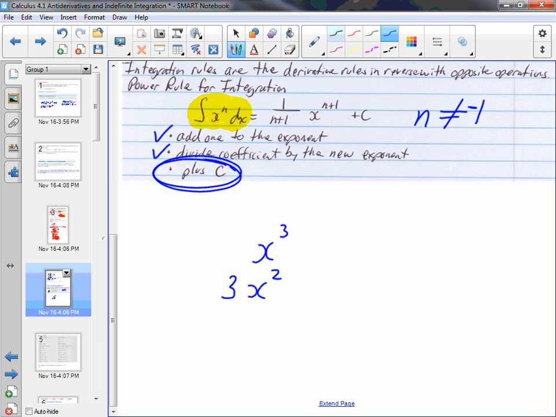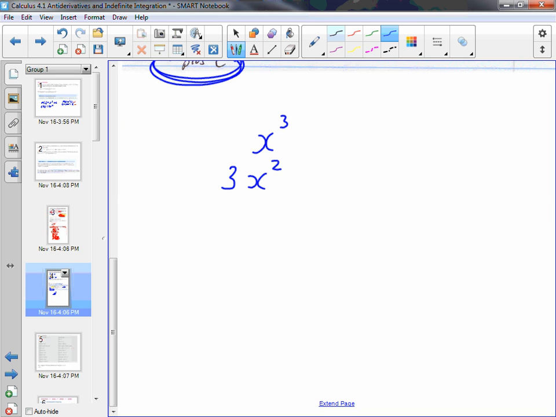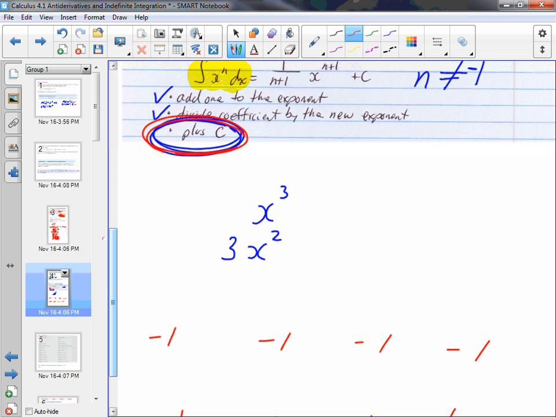And never forget, plus c. I have in the past given a quiz with about 20 antiderivative problems on it, and I had to go through the paper doing this. Because they left off plus c. And I will do that to you, and I have to.